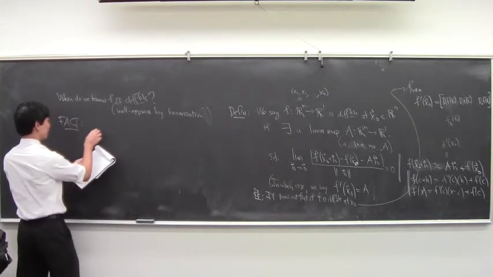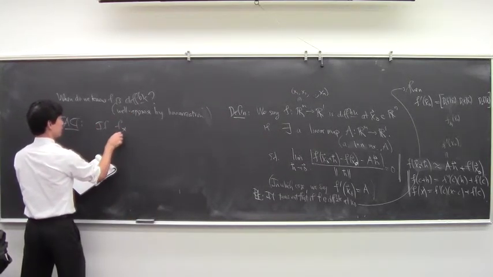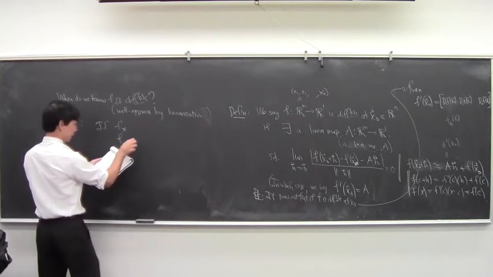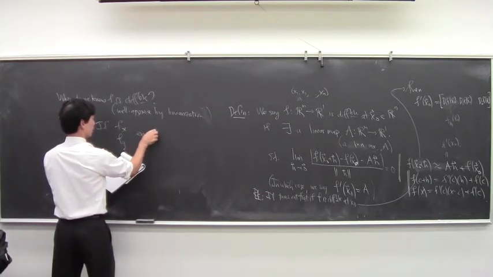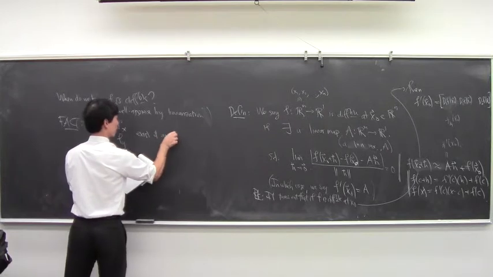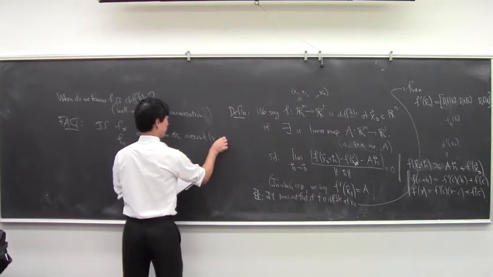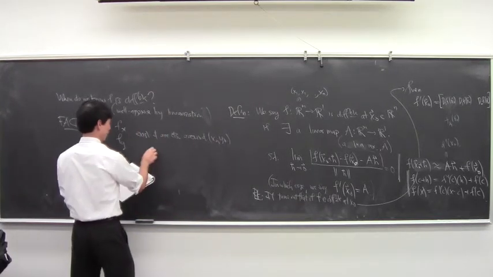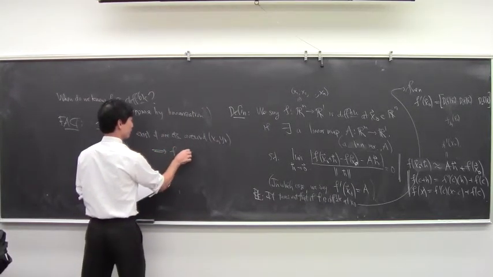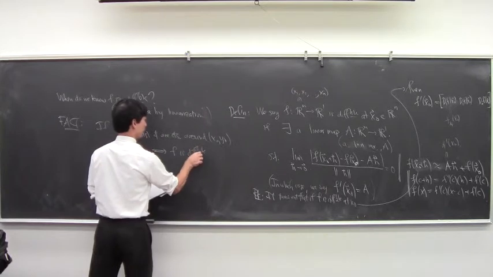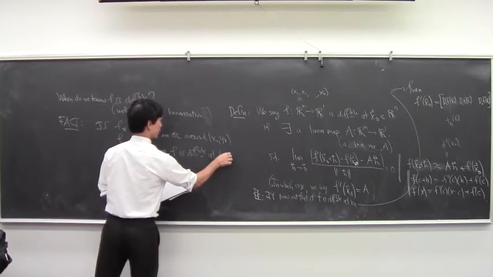Okay, we have a fact. Here it is. If f sub x and f sub y exist and are continuous around x naught, y naught, then f is differentiable at x naught, y naught.